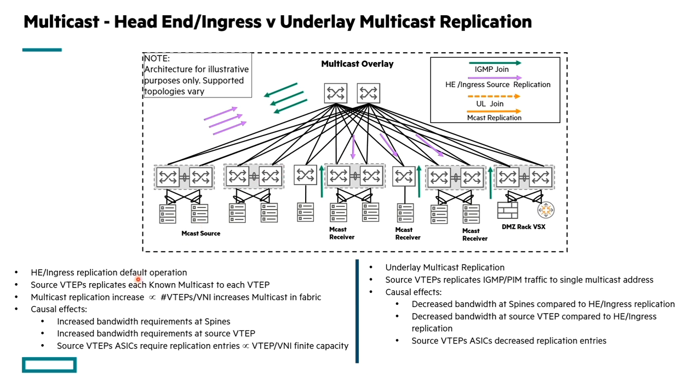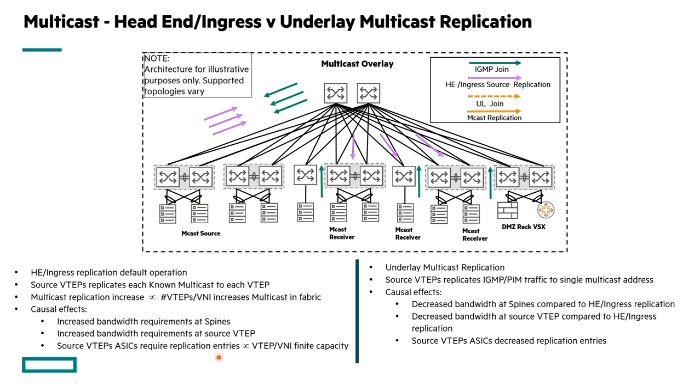And the overall causal effects here are an increased bandwidth requirement at the spines, an increased bandwidth requirement at the source VTEP, and also the source VTEP ASICs require replication entries, which have a finite capacity.